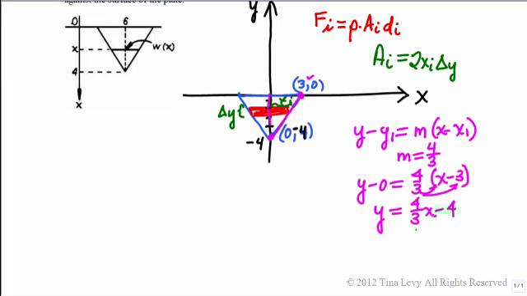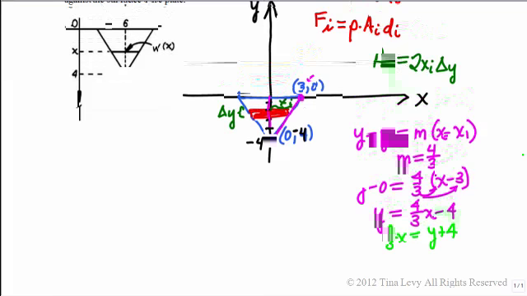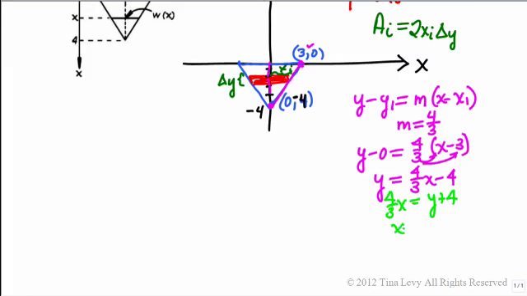Now we're going to solve for x in terms of y, and we get 4/3 x is y plus 4. Then I get basically that x is 3/4 y plus 4. So I can now write the equation of that line as x equals 3/4 y plus 4.